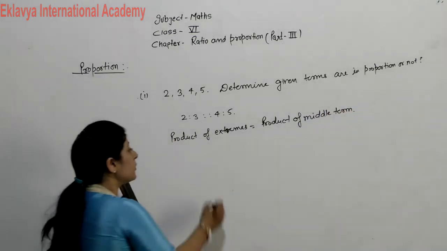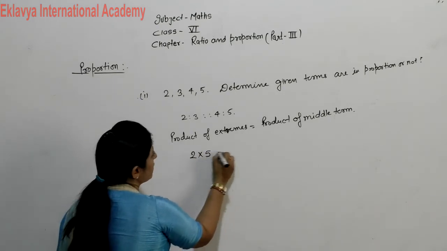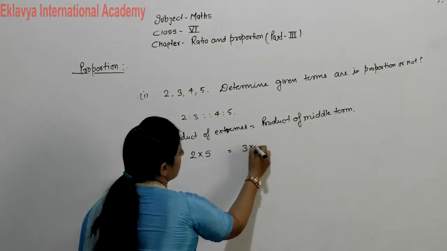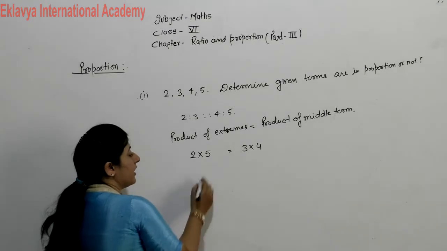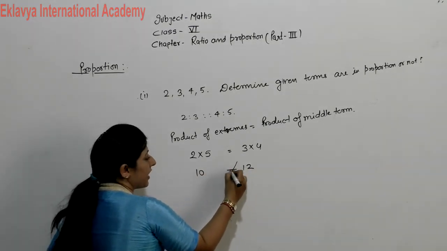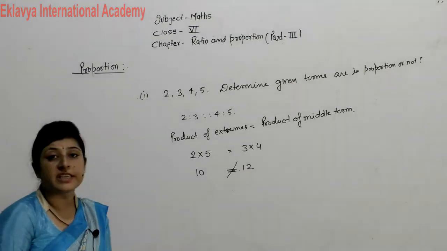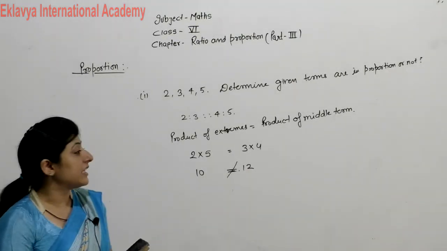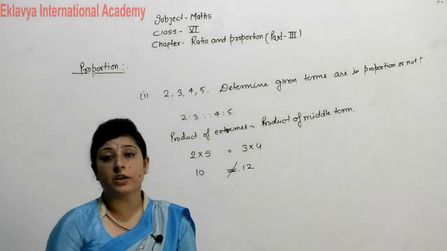Extremes, that is 2 multiplied by 5, should be equal to 3 multiplied by 4. 2 5s are 10, 3 4s are 12, but they are not equal. It means we can say these given terms are not in proportion.